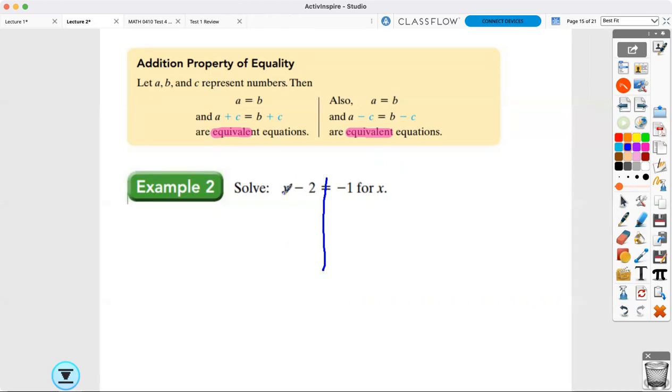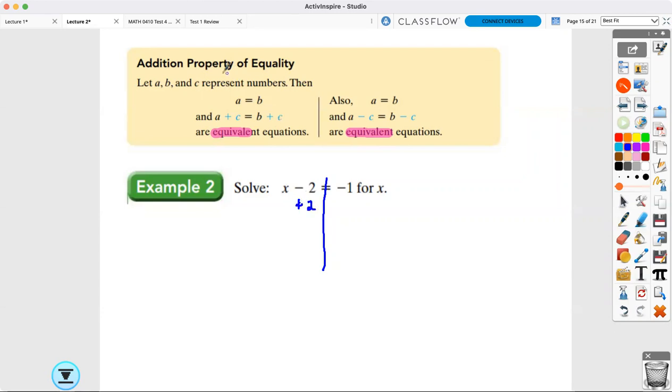So our goal is we want to get X by itself. But what's happening to the X? What is this 2 doing? It's subtracting. Now, to manipulate equations, class, watch carefully. We're going to do the opposite or inverse operation to everything around the letters to get the letter by itself. So since we have X minus 2, we're going to do the opposite of -2, and we're going to do +2.